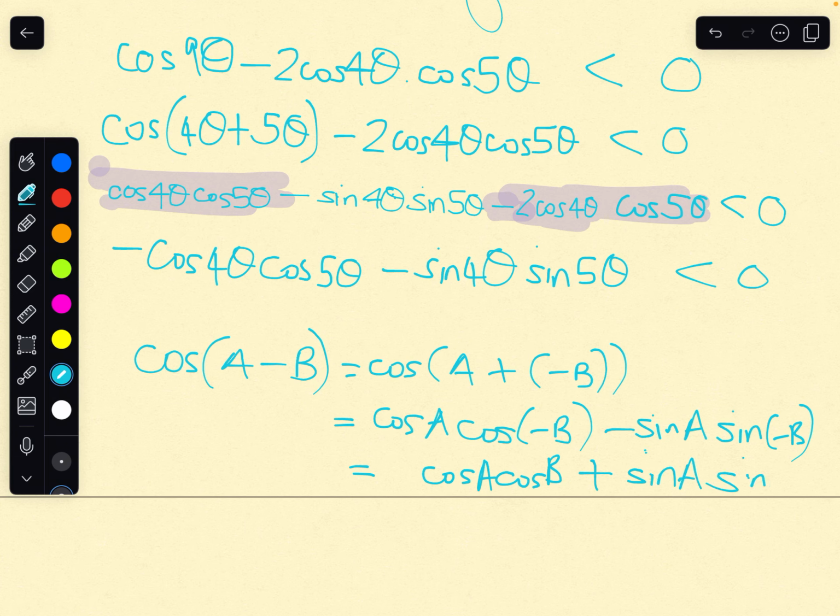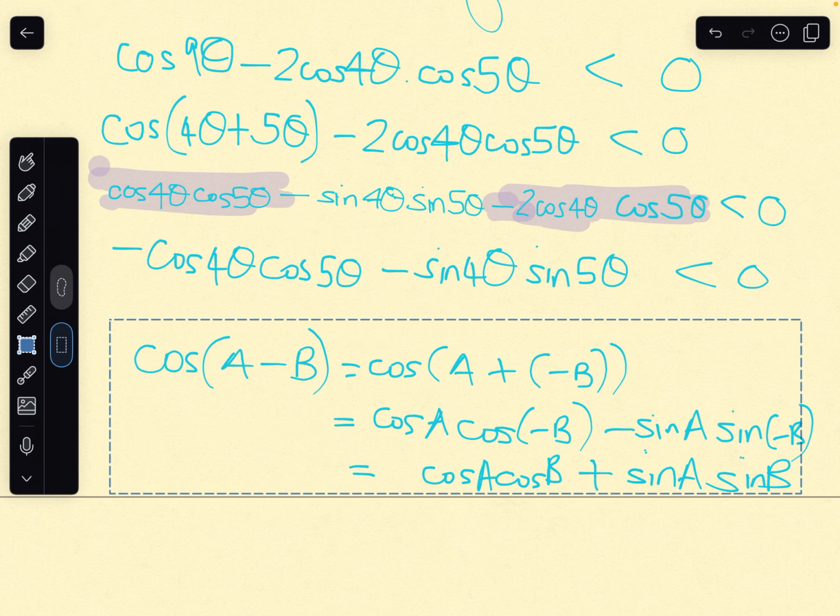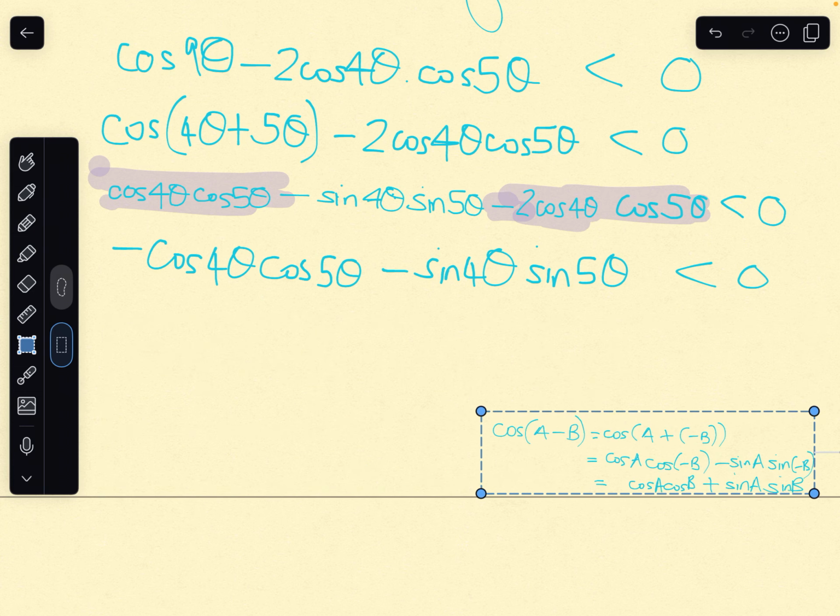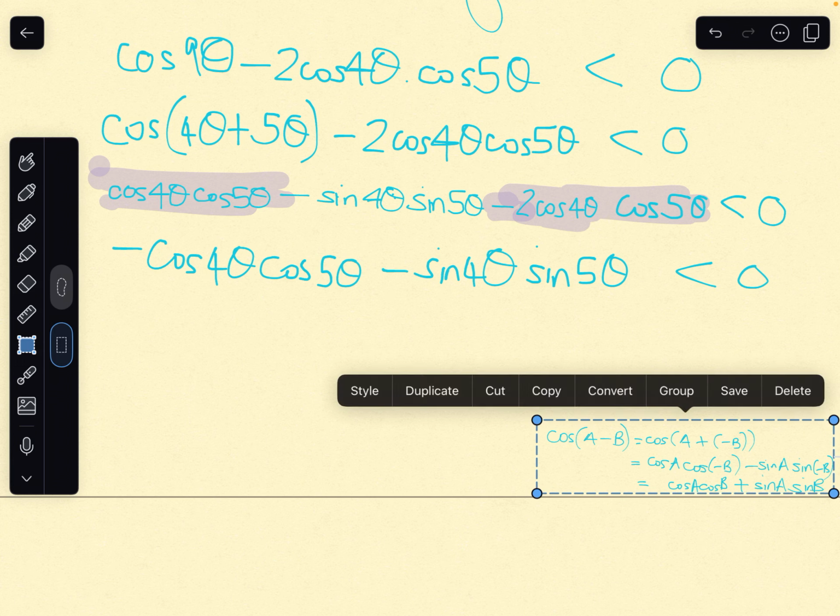And sine of negative B will be minus sine B, and because this term already has a negative going on, the two negatives are going to turn into a plus. Okay, so this is what is going to come in handy for us shortly.